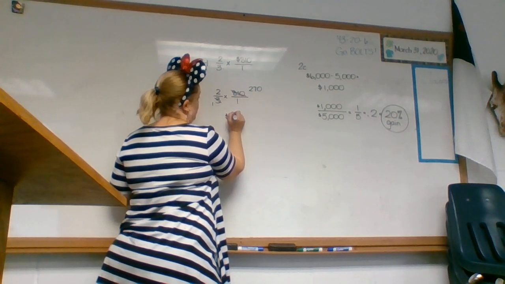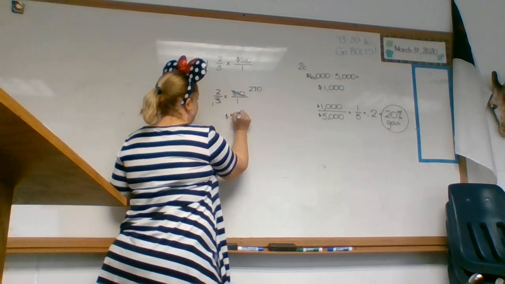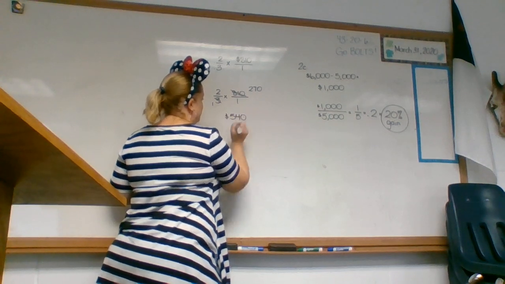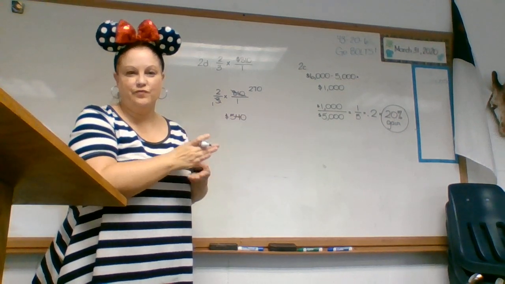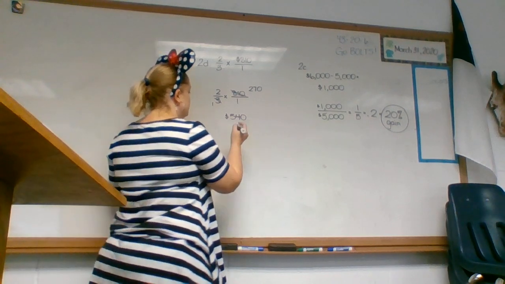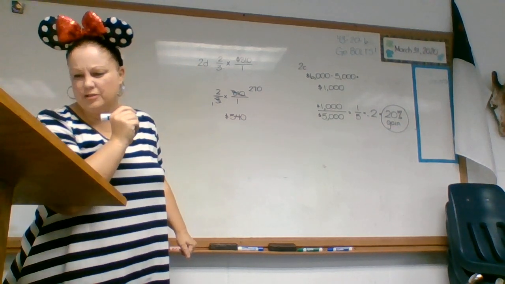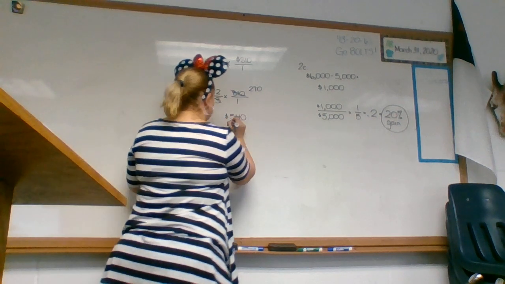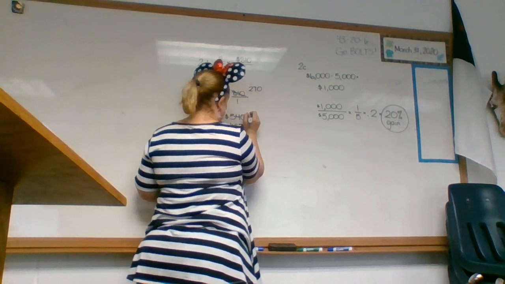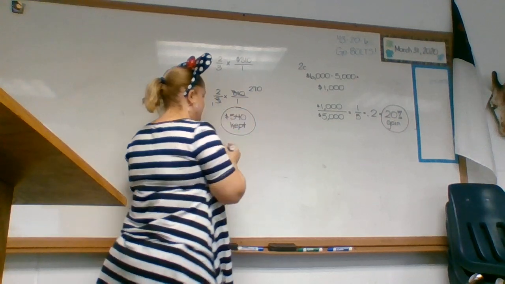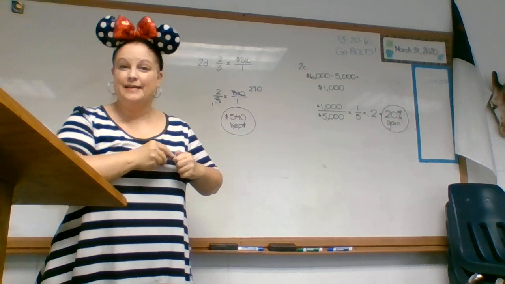Right? 400 plus another 140. There we go. $540 over 1, which we know we can simplify to just $540. And what are they asking? How much were they allowed to keep? So we'll put $540 kept. And that's it.